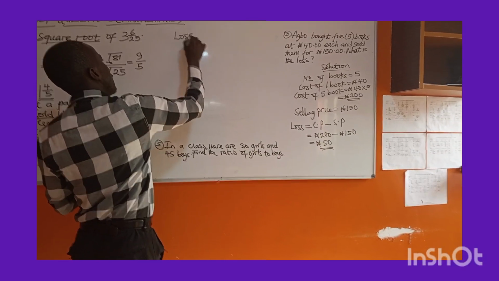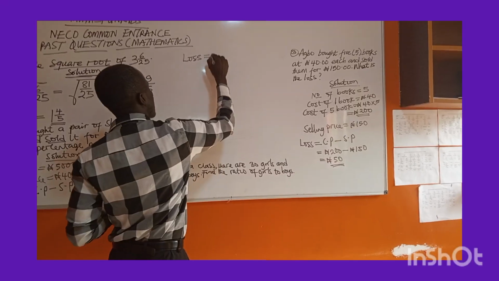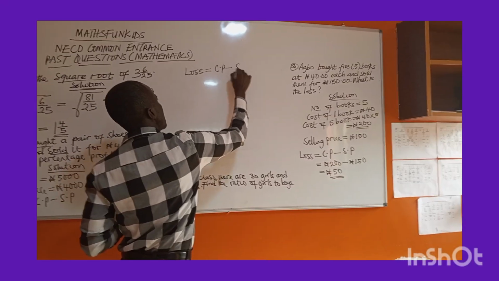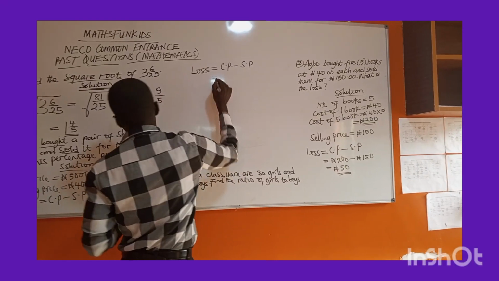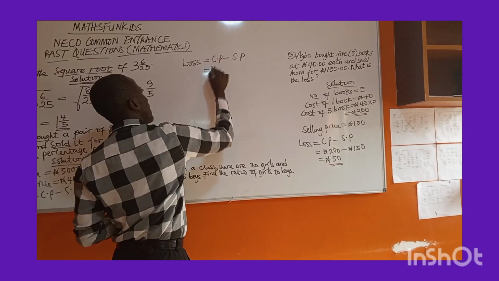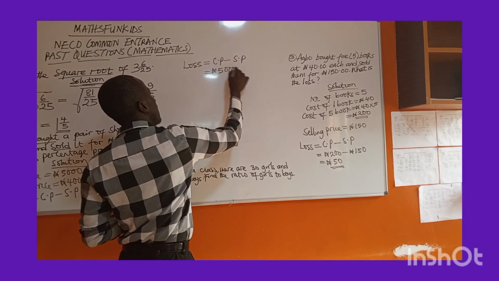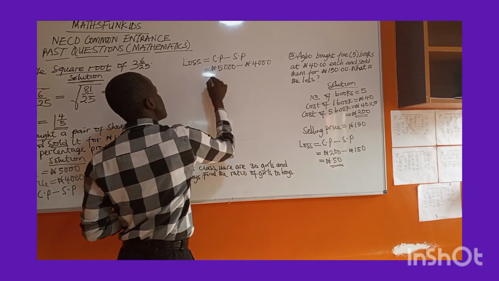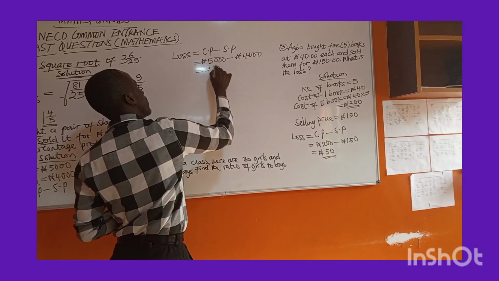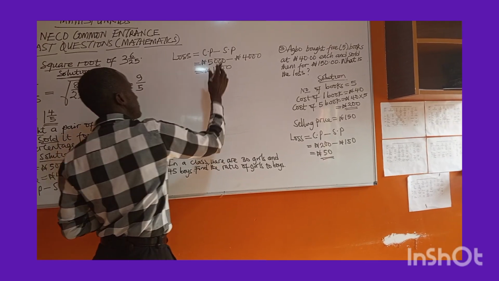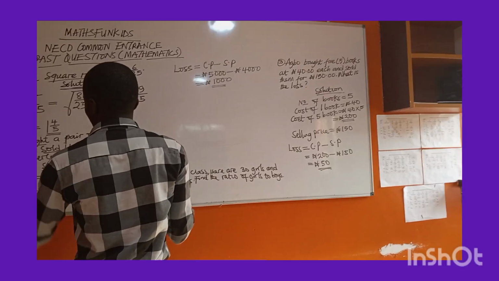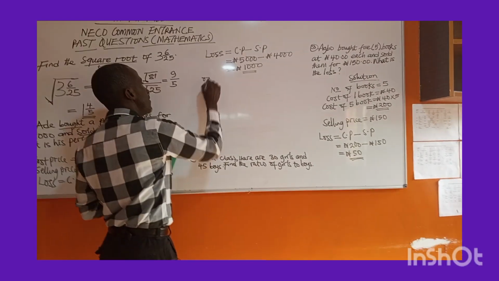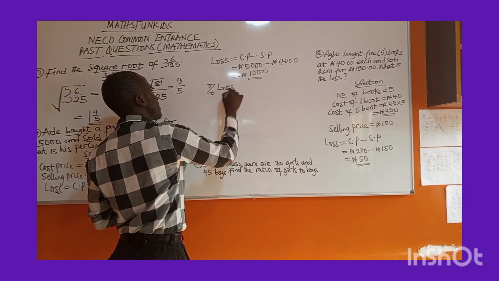Loss, we have said, is the cost price minus selling price. The cost price is 5,000 naira minus the selling price, 4,000 naira. So loss is 1,000 naira. Now that is not the final answer, because the question says we should calculate percentage loss.